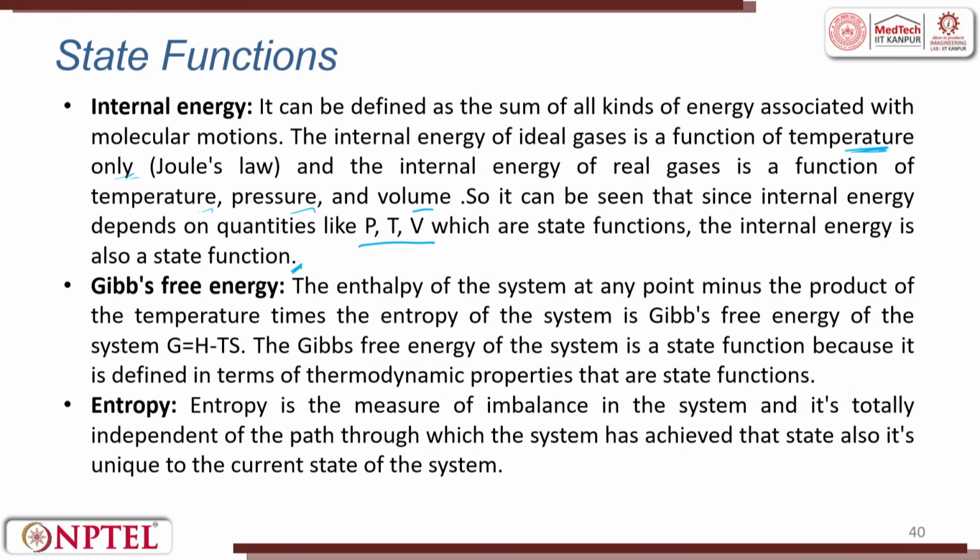Now we are seeing U, then we will see Gibbs free energy, and then we will move to entropy and enthalpy. Gibbs free energy is the enthalpy of a system at any given point minus the product of the temperature times the entropy of the system. So it is given as G equals H minus TS.